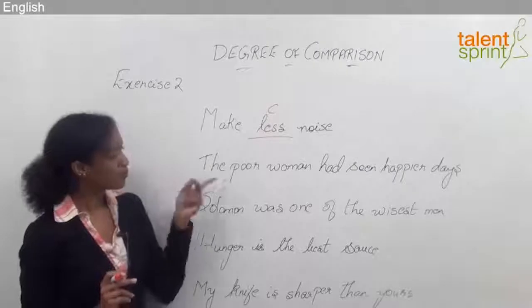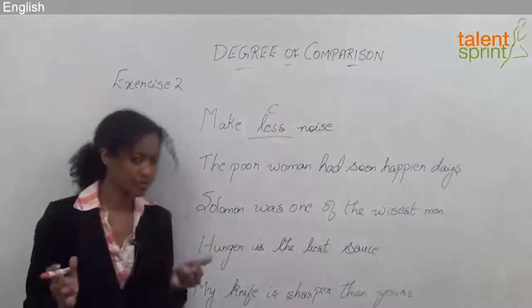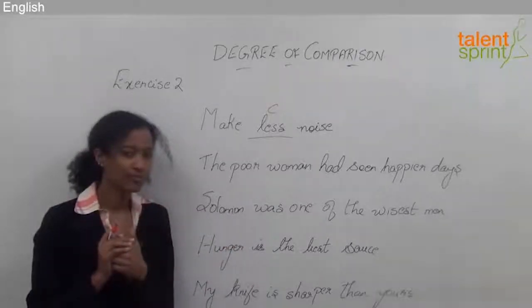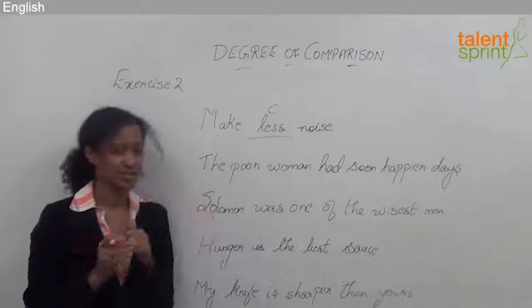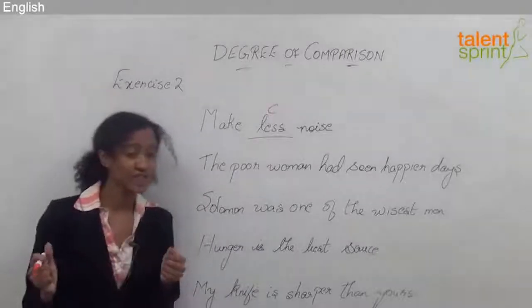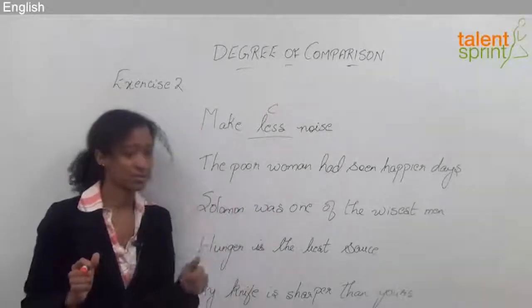Okay, the poor woman had seen happier days. There's more than one adjective in this sentence. I want you to identify the adjectives that describe the noun. Woman is a noun, days is a noun.